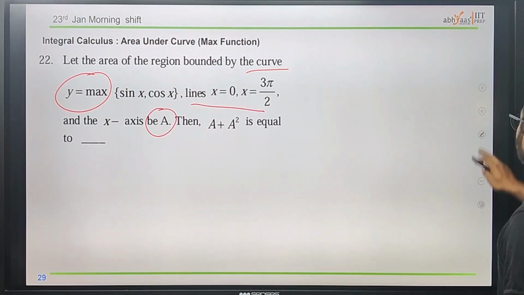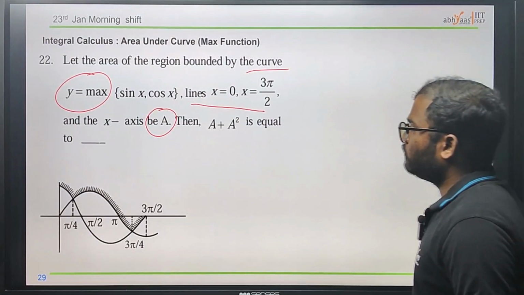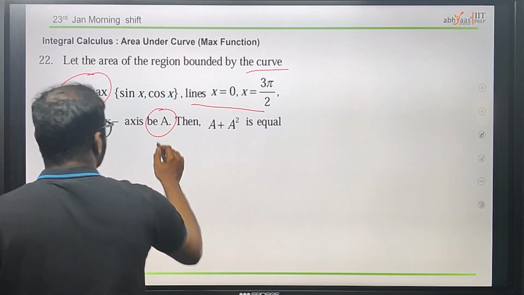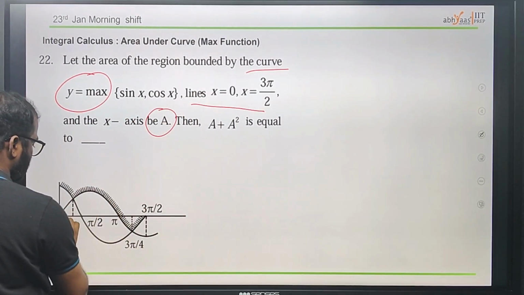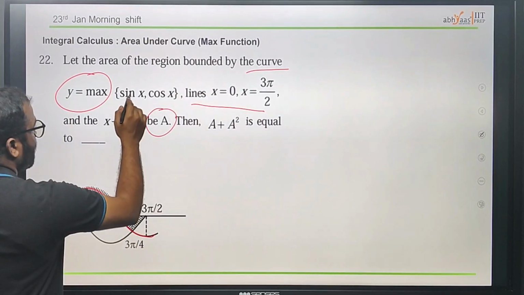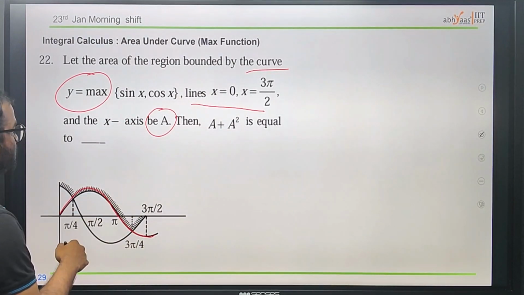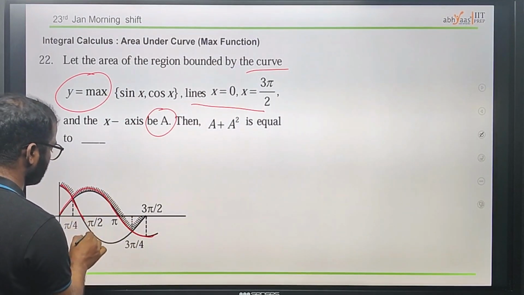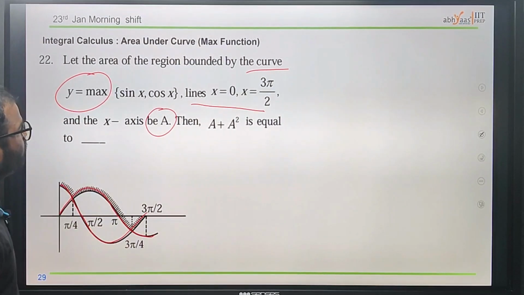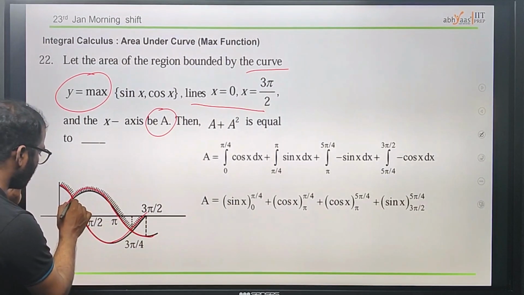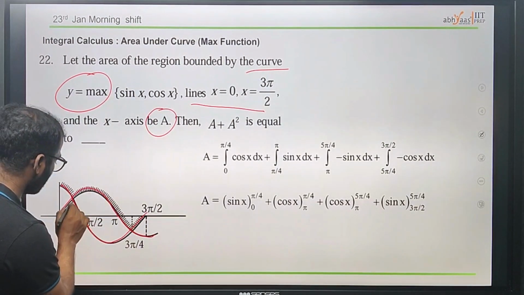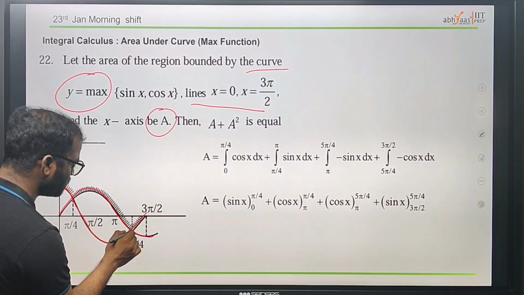From this we can say that it is sin, and we are taking the maximum of sin and cos x. For that reason we are taking the graph of this. If we see here, we got this one. Now see here, from pi by 4 these are intersecting, and here as well.